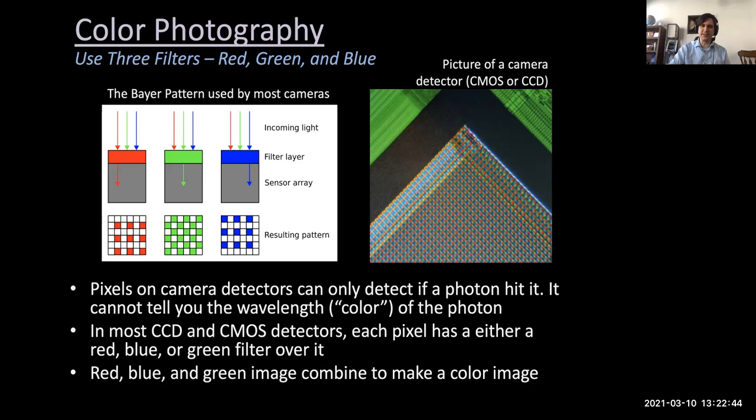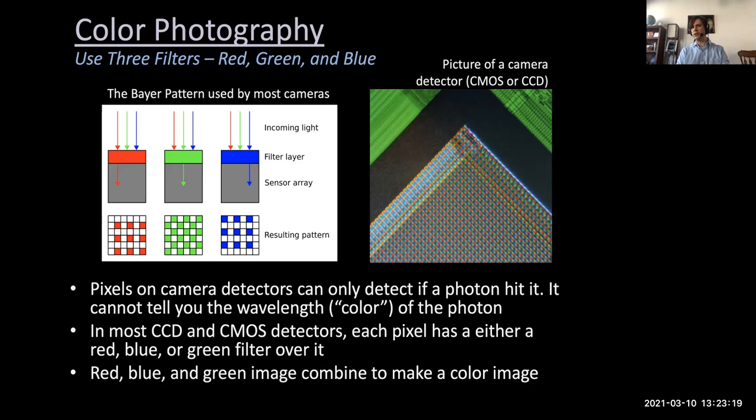So a photon comes in, will hit one of those pixels, and in that pixel, that photon will release an electron. It will knock free an electron out of the material that the CCD chip or CMOS chip is made out of. This is called the photoelectric effect. Thank you, Einstein. So you'd have a visible light photon come in with enough energy, it knocks free an electron, and then you count up the number of electrons, and that's how you make an image with a CCD or a CMOS camera.